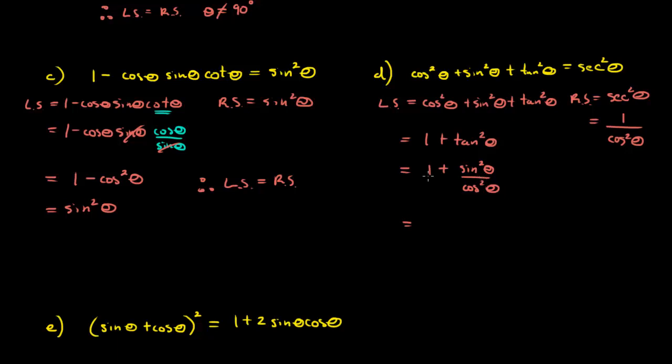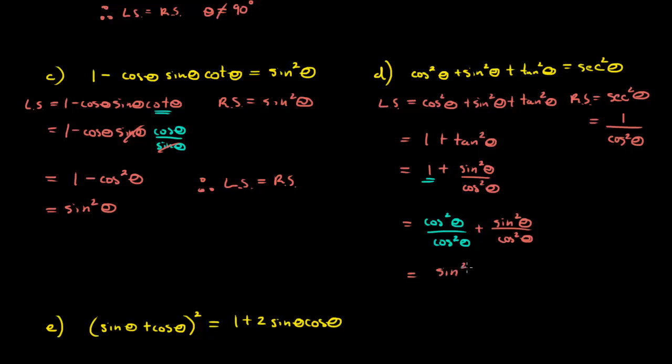So here I'm going to combine these two terms such that they're written over a single denominator. I have to find a common denominator. So I'm going to take 1 and rewrite it as cos squared theta over cos squared theta. And so now I have cos squared theta over cos squared theta plus sine squared theta over cos squared theta. Now that I've found a common denominator, I can add the numerators.